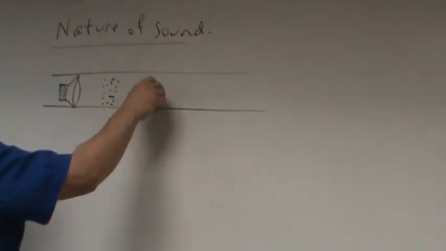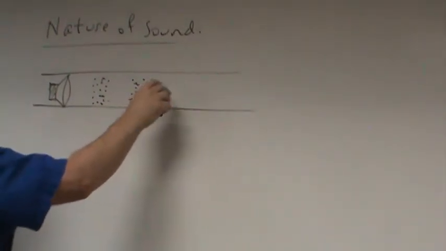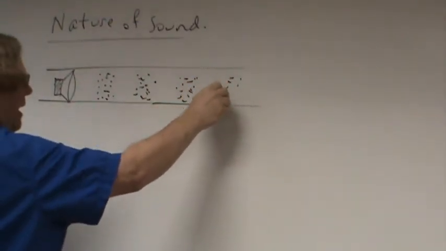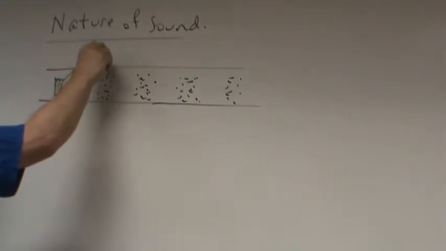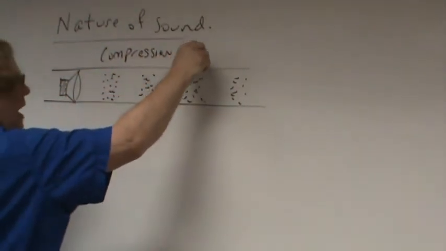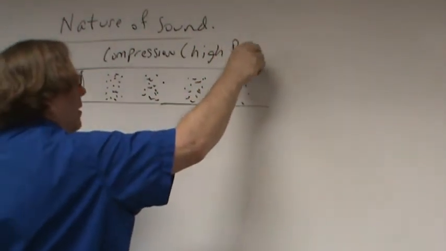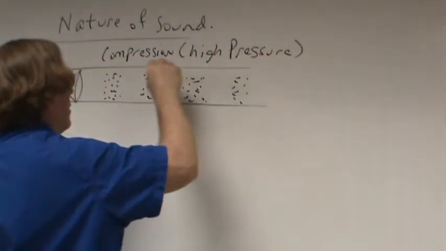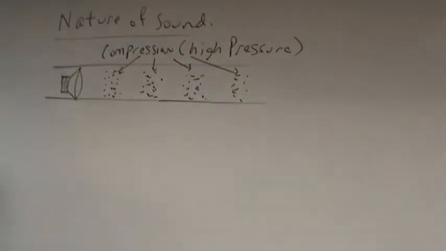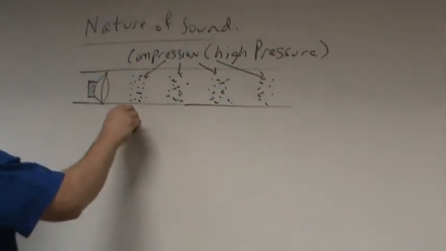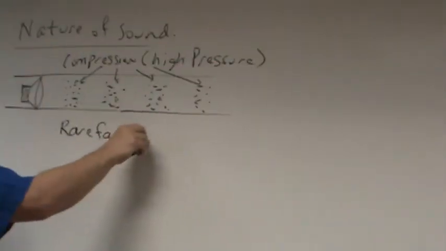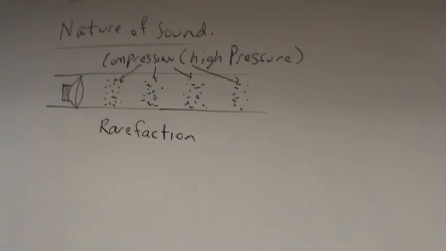And by the speaker alternatingly compressing and pulling back, pushing forward and pulling back, you get these regions of compression, which is high pressure, like there, there, and there, and there, alternating with regions of rarefaction or rarefied air.